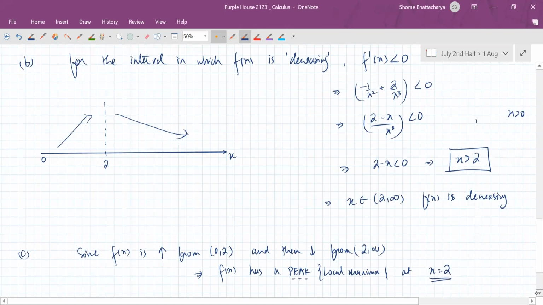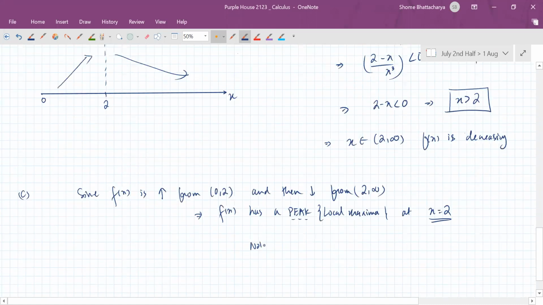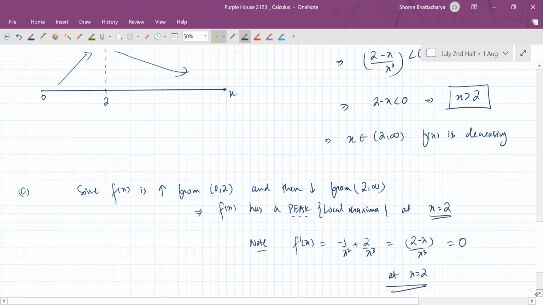Yeah. Now, you can also see that the derivative of the function f'(x), which we just saw, is minus 1 by x squared plus 2 by x cubed, or (2 minus x) by x cubed. So this derivative is equal to 0 at x equal to 2. So as expected, at the point where there's a peak point or local maxima, the derivative of the function is 0.